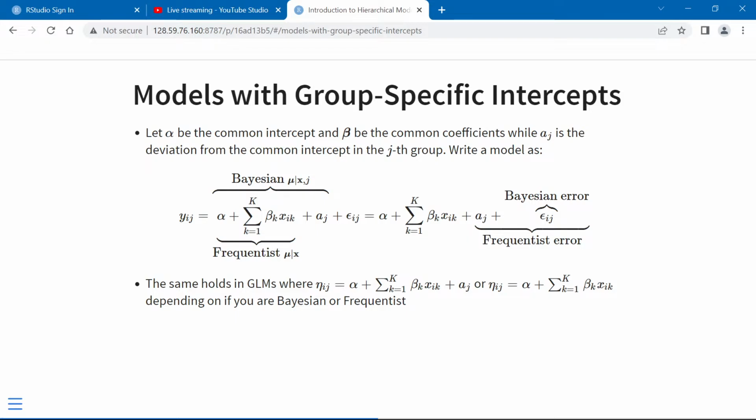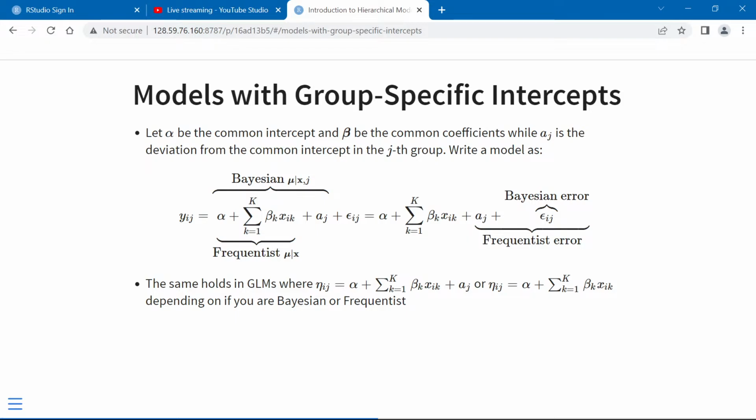But the frequentists are going to have their own extraordinarily limited, contrary perspective, which is the conditional expectation of mu given the x's of the small units, but irrespective of the grouping structure. It's just the alpha plus the weighted sum of the x's.